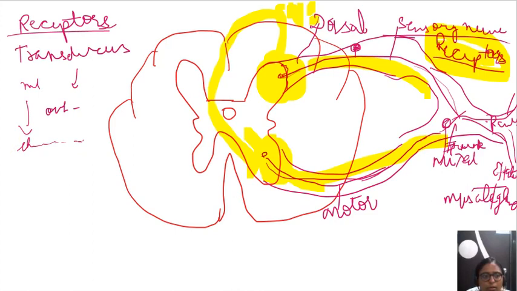Fine. So now before going into that detail, let's come here and discuss, we were discussing the Gracilis and Cuneatus tract, meaning the dorsal column lemniscal system. For example, I have drawn here the spinal cord structure.